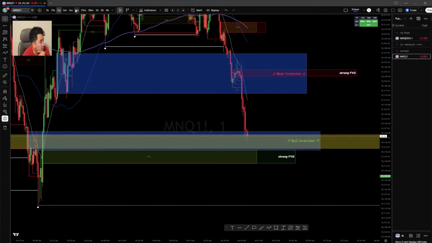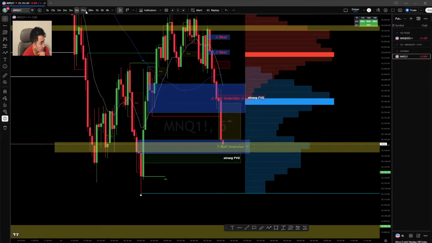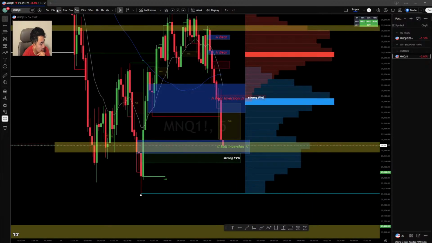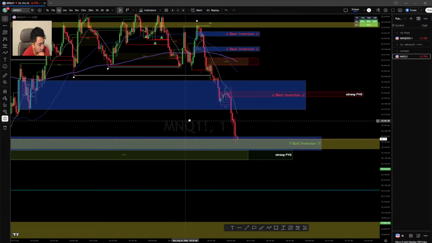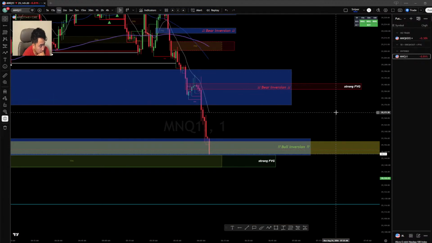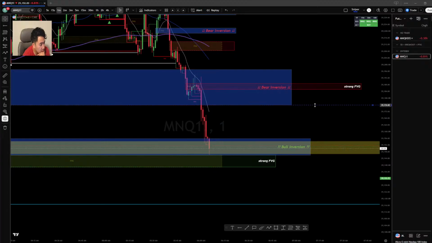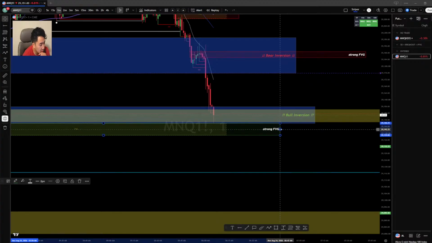On the 5 minute, there's a 5 minute bearish gap that's forming here. Just gonna put an alert to see if price pulls back and respects this bearish inversion zone, which we could possibly take a trade off of.